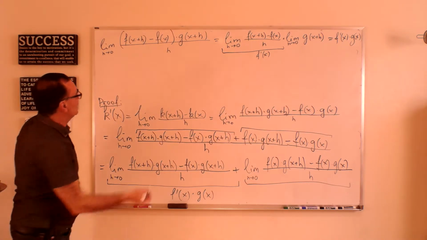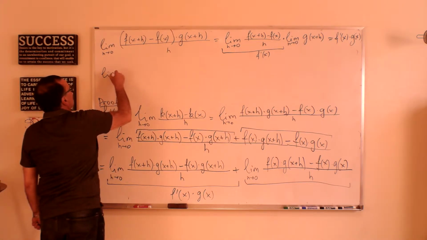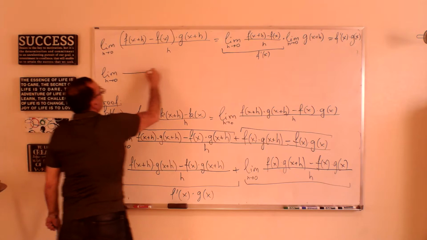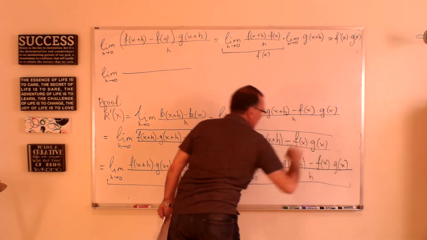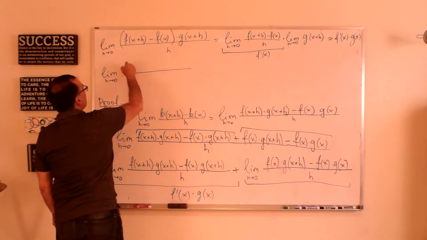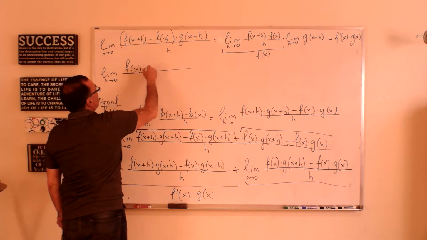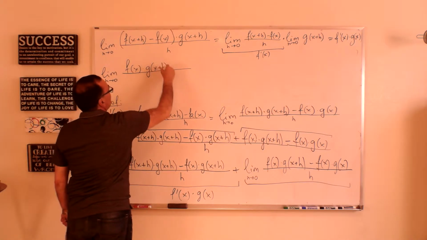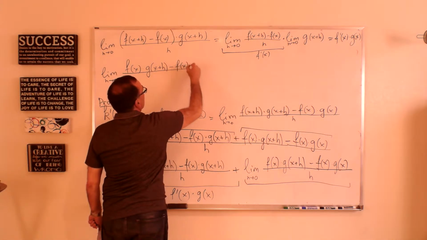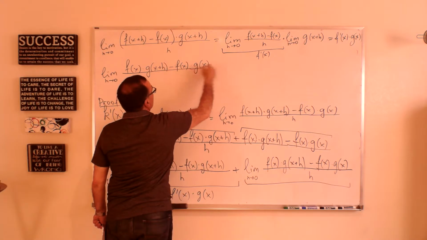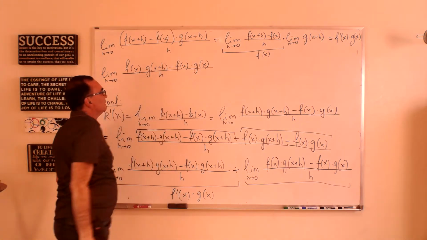Now the second limit is similar. Limit as h approaches 0 of f of x times g of x plus h minus f of x times g of x, divided by h.